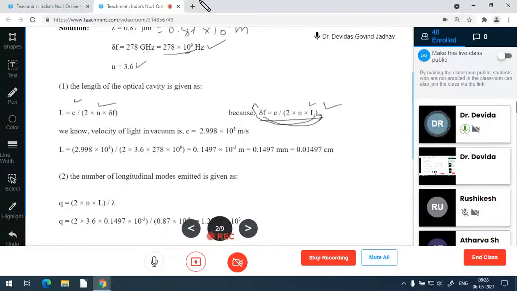So delta f and L exchange their respective locations. L from the denominator goes to the numerator on this side, and delta f from this side goes to the denominator on the other side. So L becomes equal to C upon 2N delta f. Again, delta f is the separation between two frequencies.